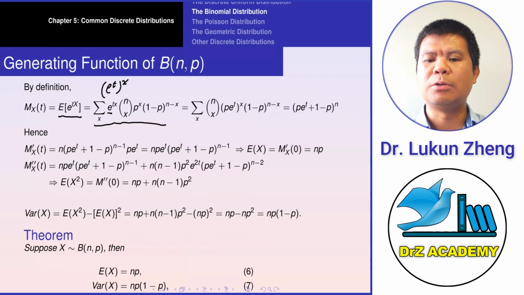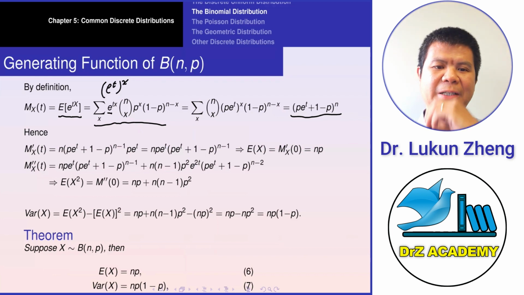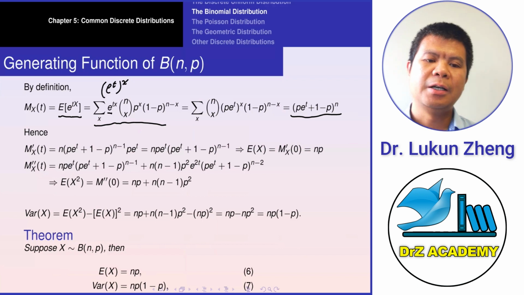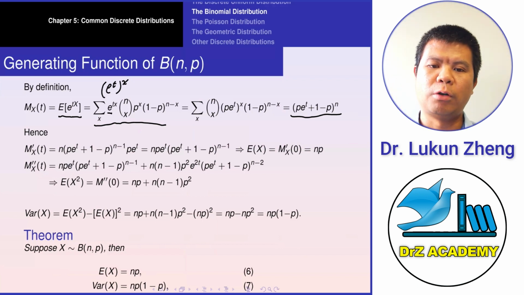Then it equals (pe^t + 1 minus p) raised to the power n. So that's the moment generating function for the binomial distribution with parameters n and p.